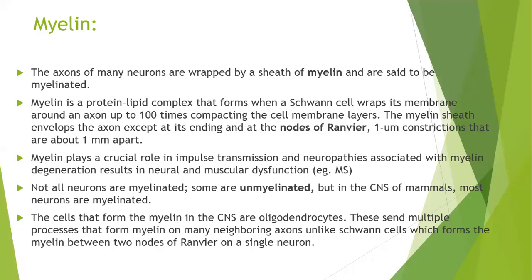If you remember, cell membranes are usually made up of phospholipids. Many phospholipids. Then in between the phospholipids, we have proteins. These proteins can be transmembrane proteins, or they can be integral proteins, or they are found on the periphery or on the inner side of the cell.